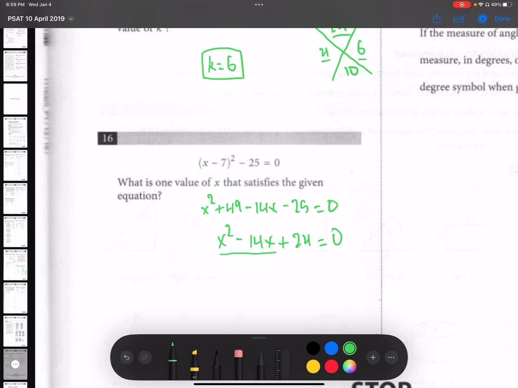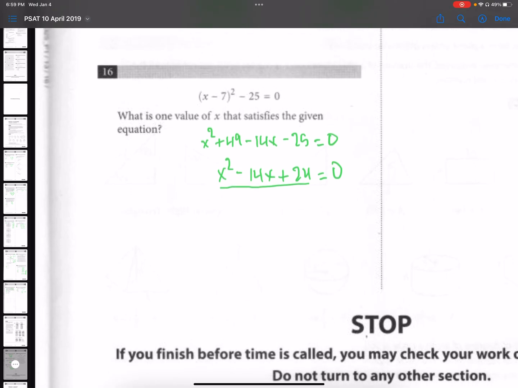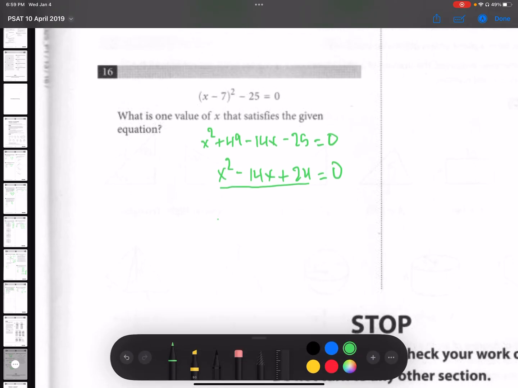So we have this, and now we're trying to find an x value. Okay, so we are going to put in parentheses to find it. So we have x times x, x squared. And now I'm going to draw the web out again. And we have 24 times 1, 24, and we have negative 14. So we look at factors for 24 that add up to 14.